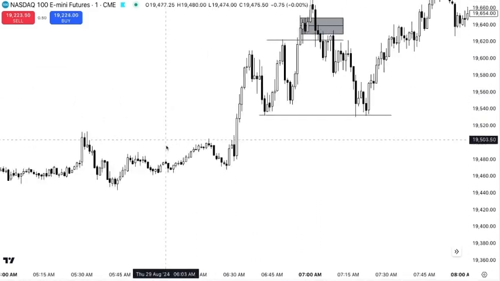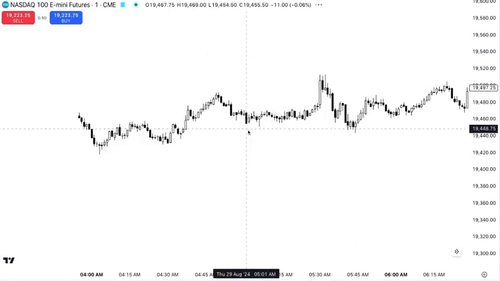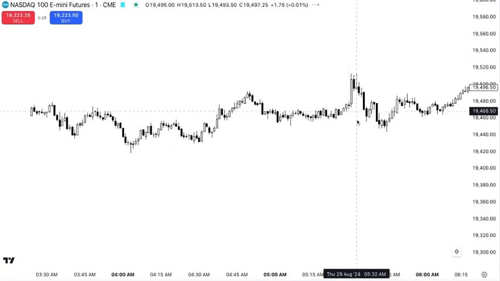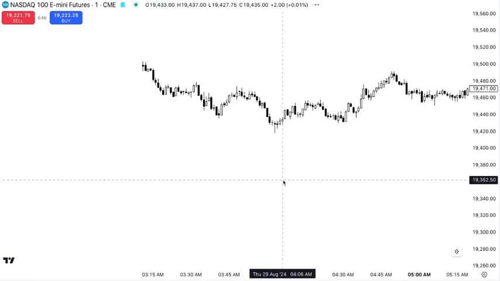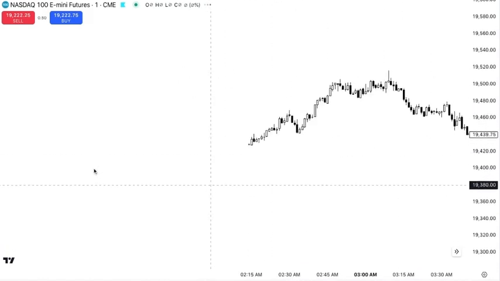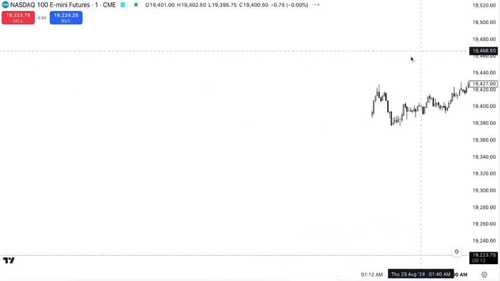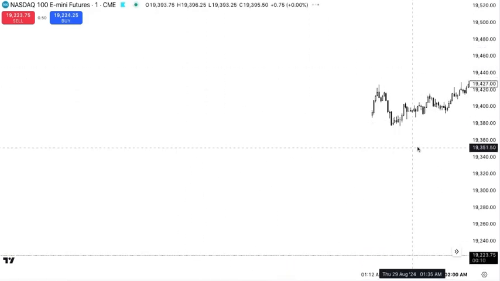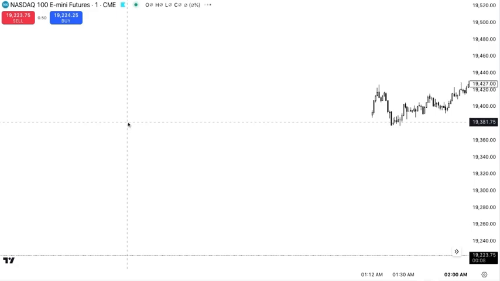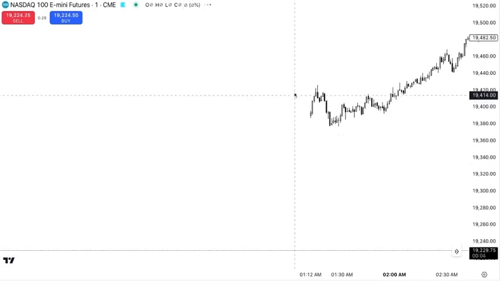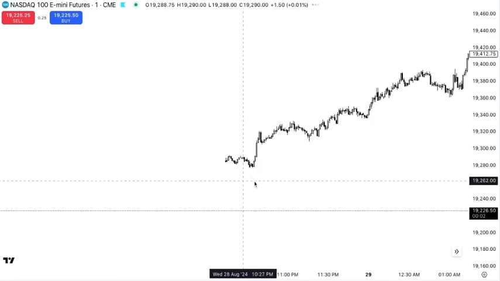Let's see if we can find one more. That's kind of right there, but that's pre-market, so we don't really look at that. Let's go into Wednesday a little bit and see if we can find another example.